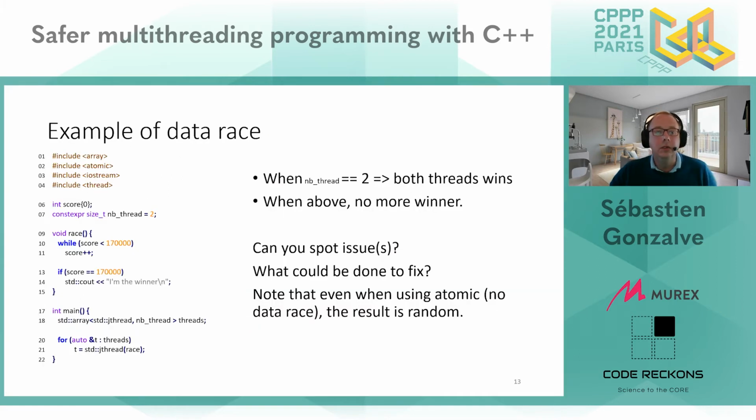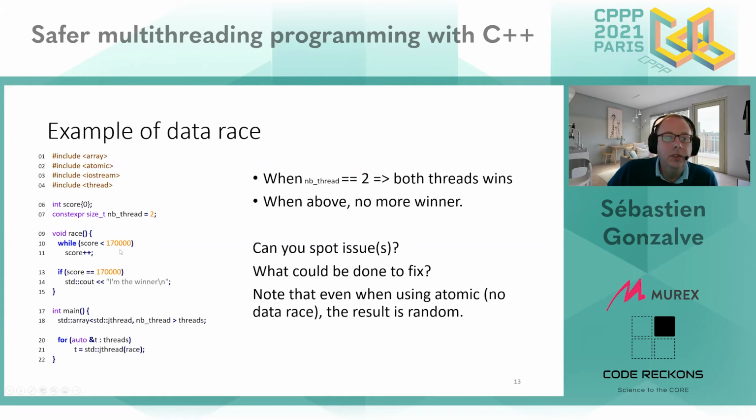So here is a little piece of code showing an example of a race and data race. Here is the main where I spawn, in fact, 2 threads. So NB threads is 2 at the top of the program. And what they are doing is a race.